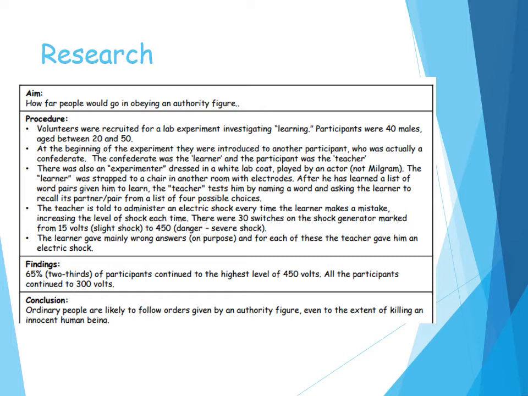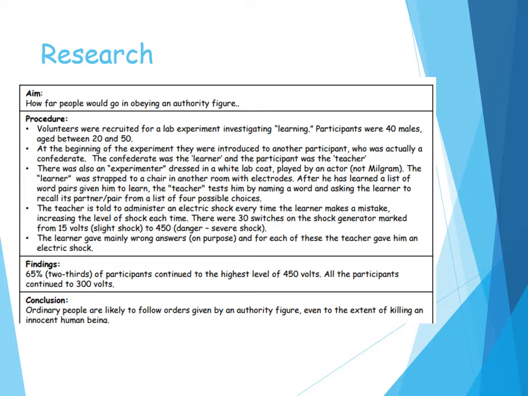So the findings were that all participants gave at least 300 volts, 65% administered 450 volts, so the maximum voltage. They showed distress throughout. Some of them looked quite agitated, concerned and distressed in having to administer an electric shock.